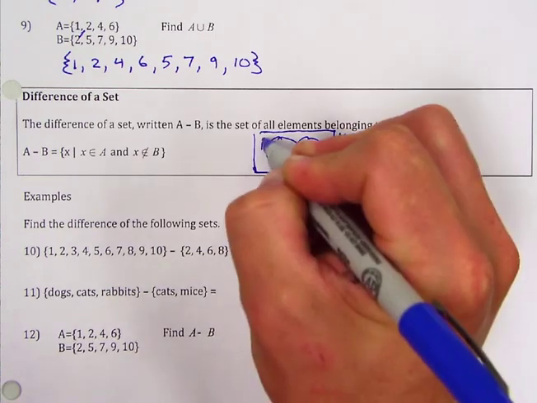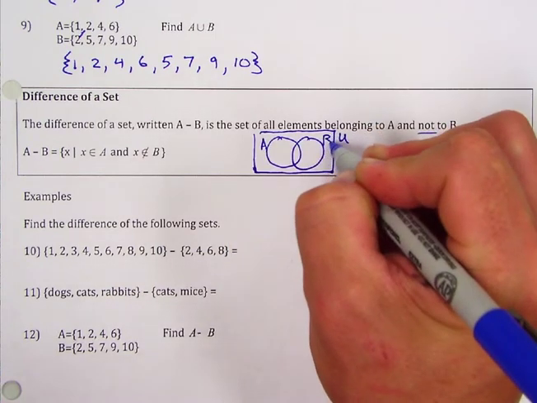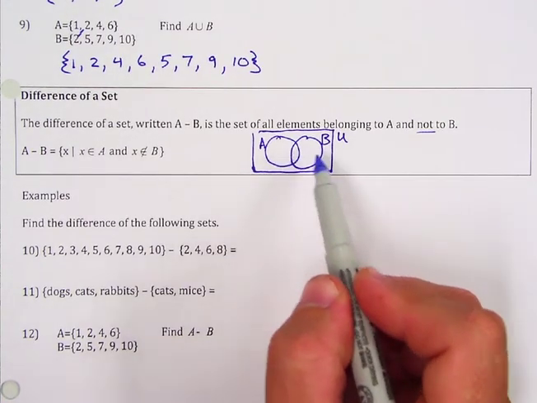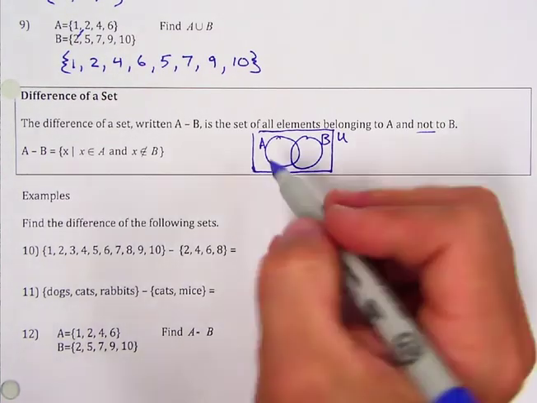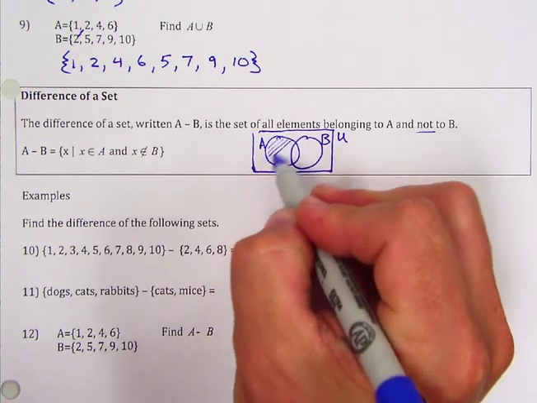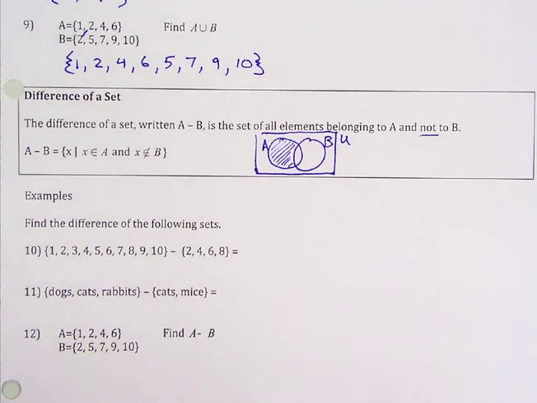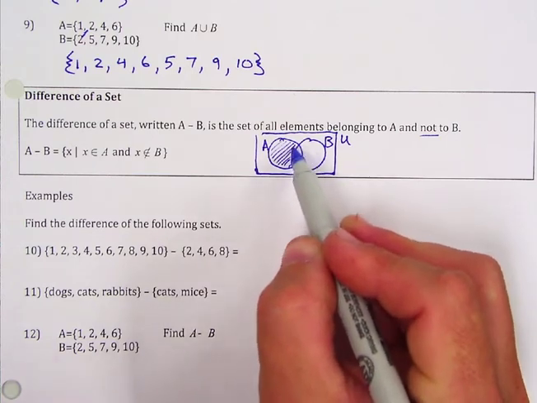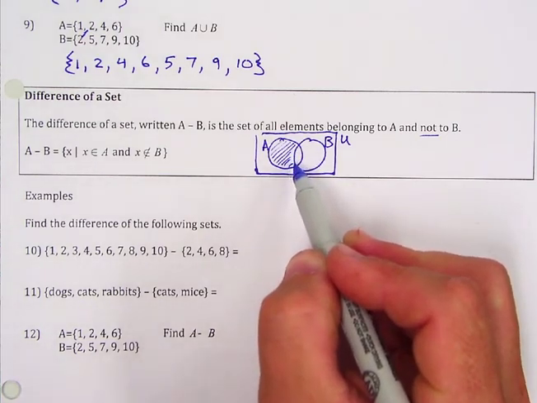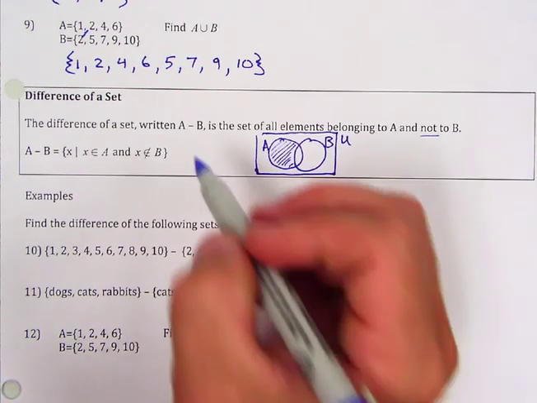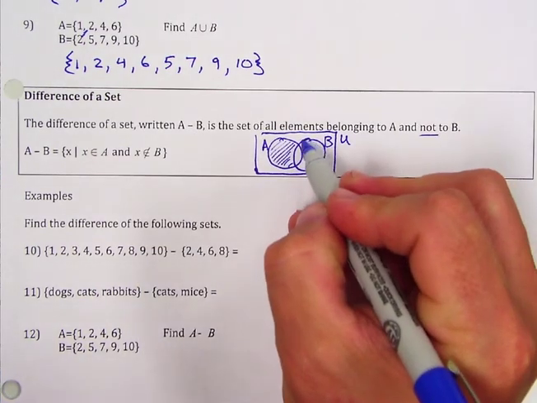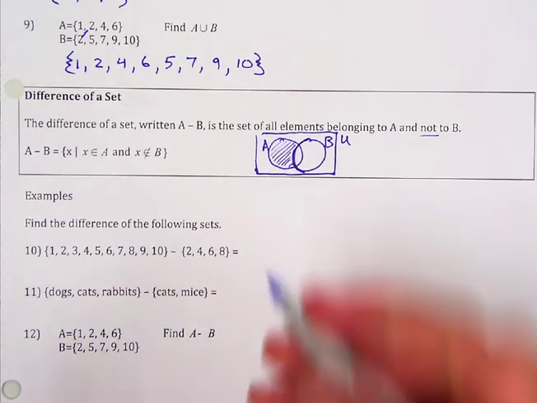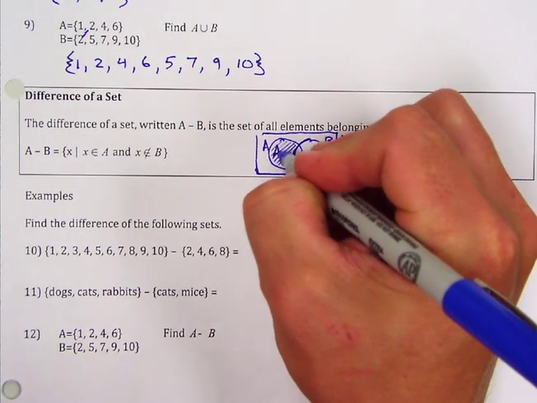Universal set A and B. So we want only the elements that are in A but are not in B. So if I'm looking here, everything there is in A. Now notice there's elements here that are in A, but those are in B. So we can't use those. So we think about that subtraction as the set B takes away from set A. And so this is what we're left with here, A minus B.